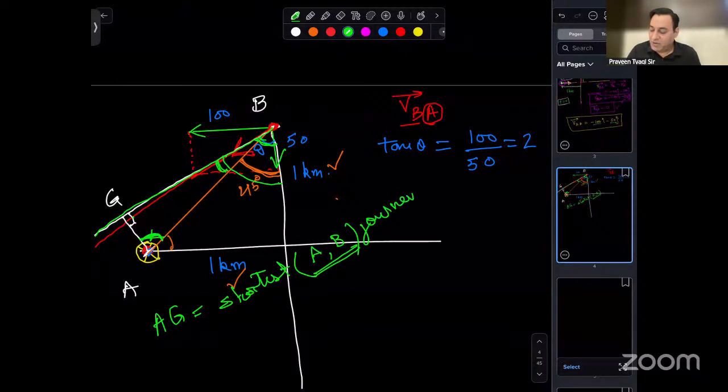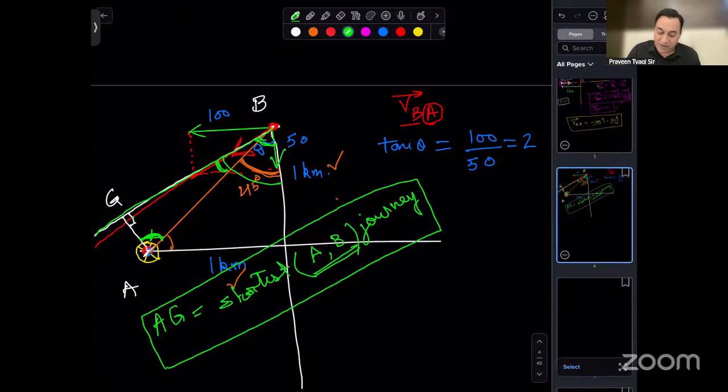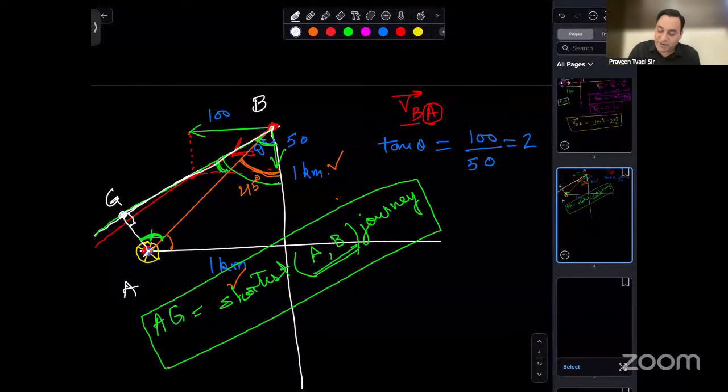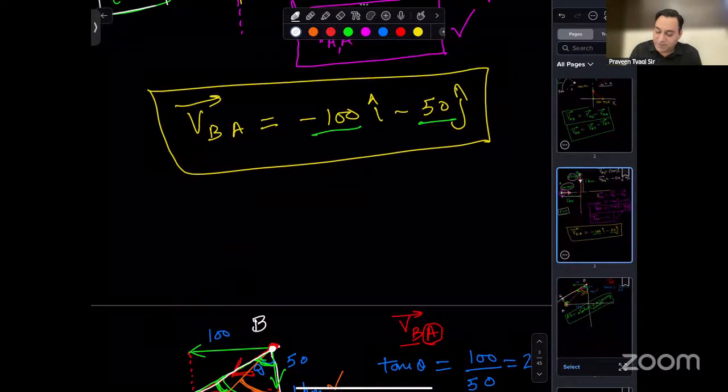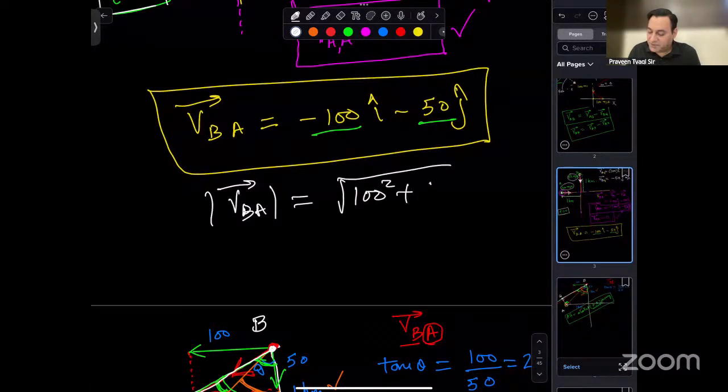Now, how many of you understood this? We can use the geometry, find AB. And I can also find the time. If you can find AG, you can also find GB, this distance. Using the same trigonometry, you can find GB. You knew the relative velocity came out to be the magnitude of BA is root of 100 square plus 50 square, which is 50 root 5 meters per second.